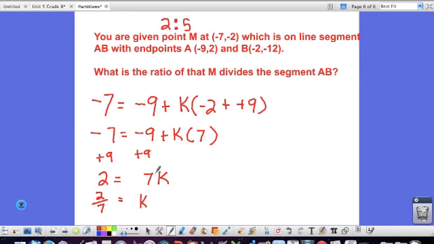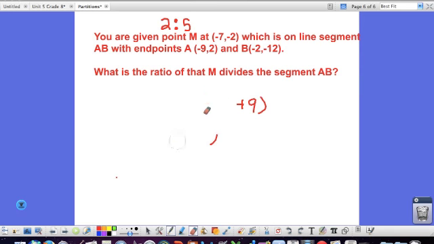To make sure I did that right, I'm going to go ahead and check the y values. Should have the same ratio. So the y coordinate for M is -2, equals my y value of the closer endpoint, 2, plus the k value times y2 of -12 minus 2.